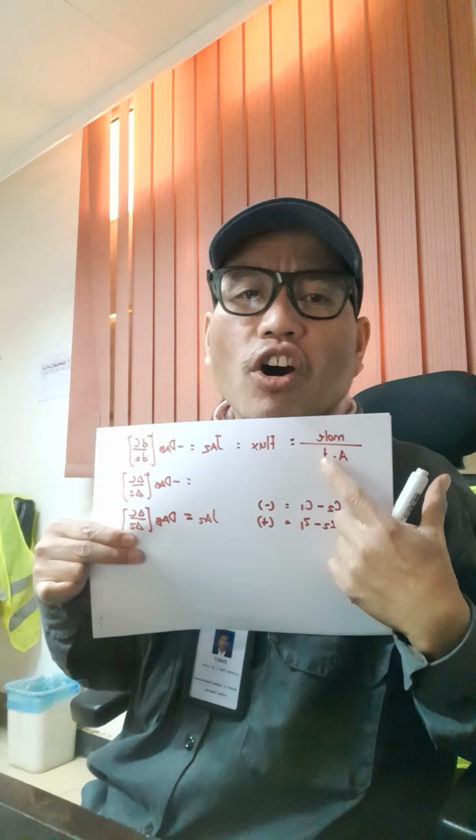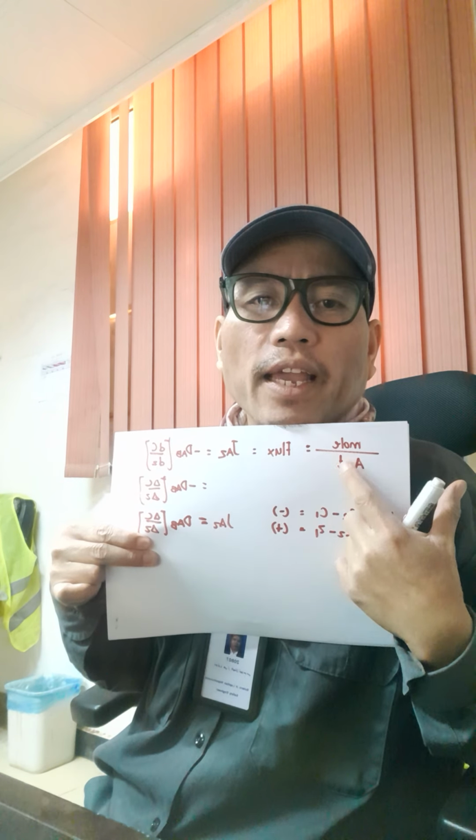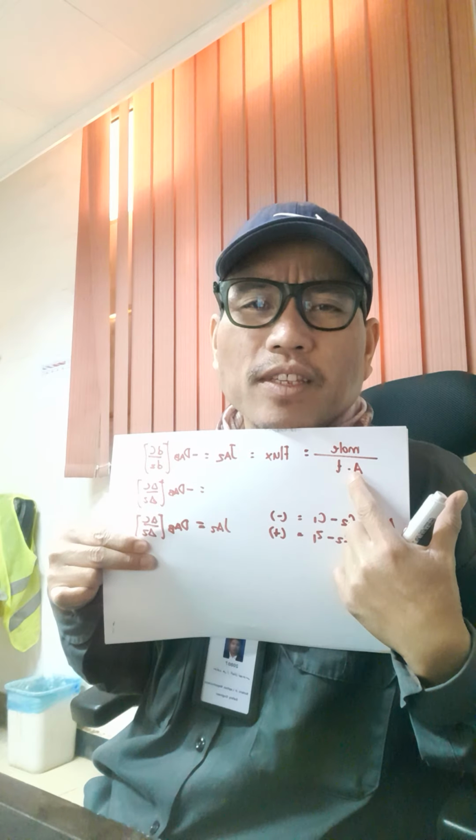Then we need to account for the units for further understanding so that we can simplify. Since this is mole over time times area, time is seconds, area is, let's say, centimeters squared.